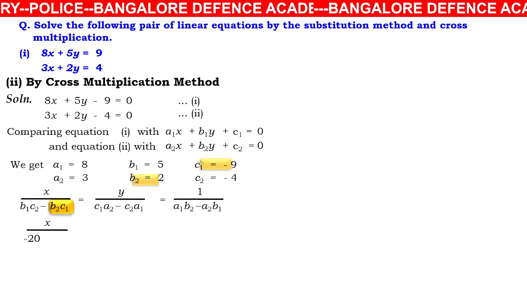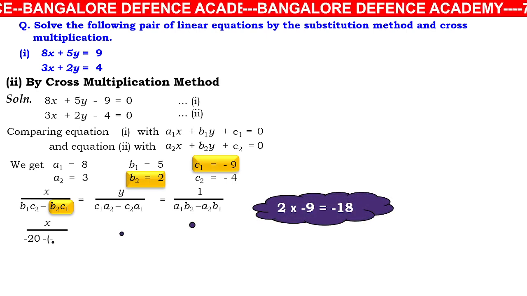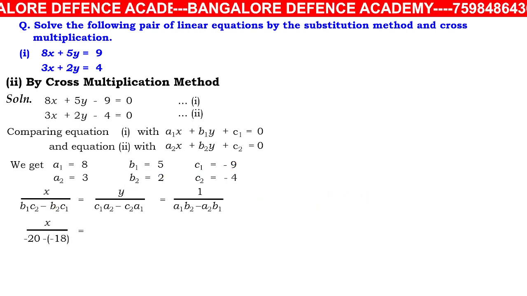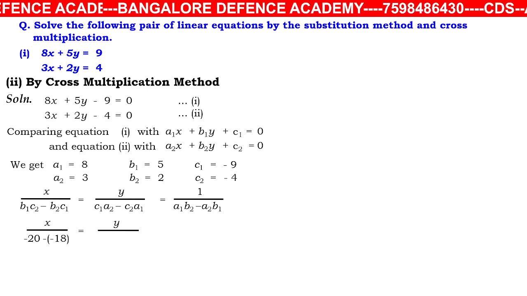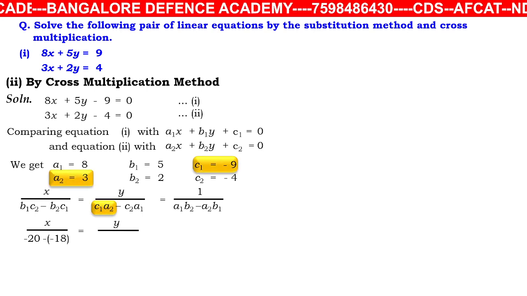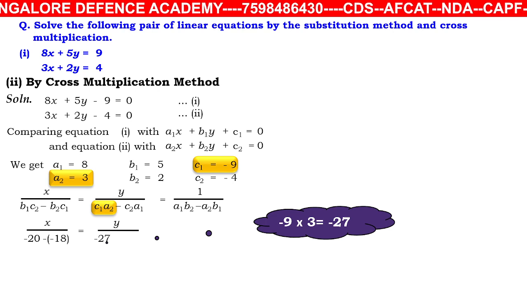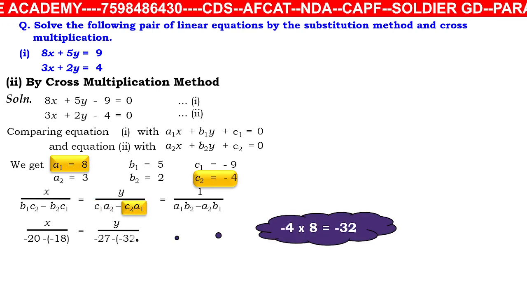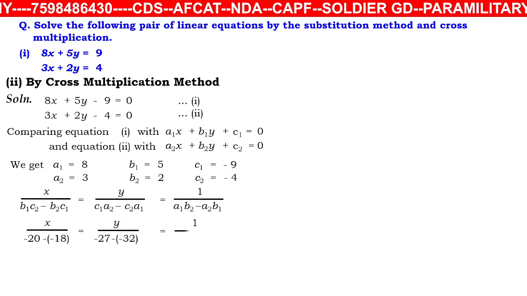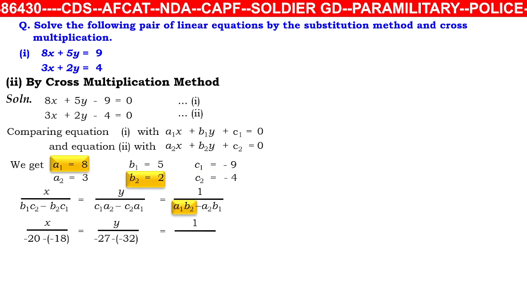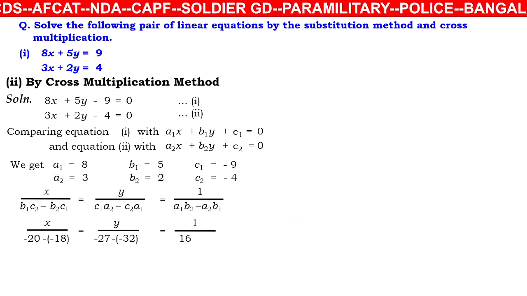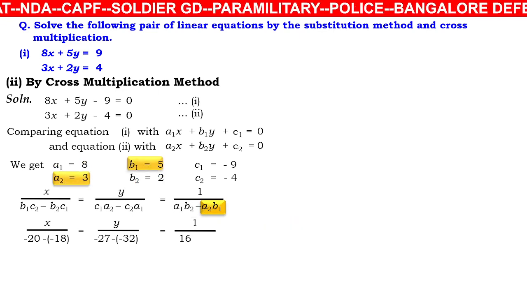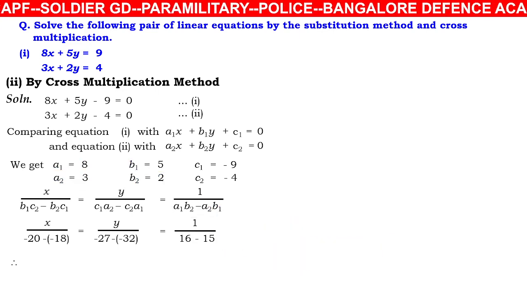Next, b2 into c1 gives you minus 18, so you can write minus of minus 18. Now y divided by c1a2, so minus 27. Next, minus of c2a1, that is minus of minus 32, is equal to a1b2, that is 16, minus of a2b1, that is 15. So you got this now.